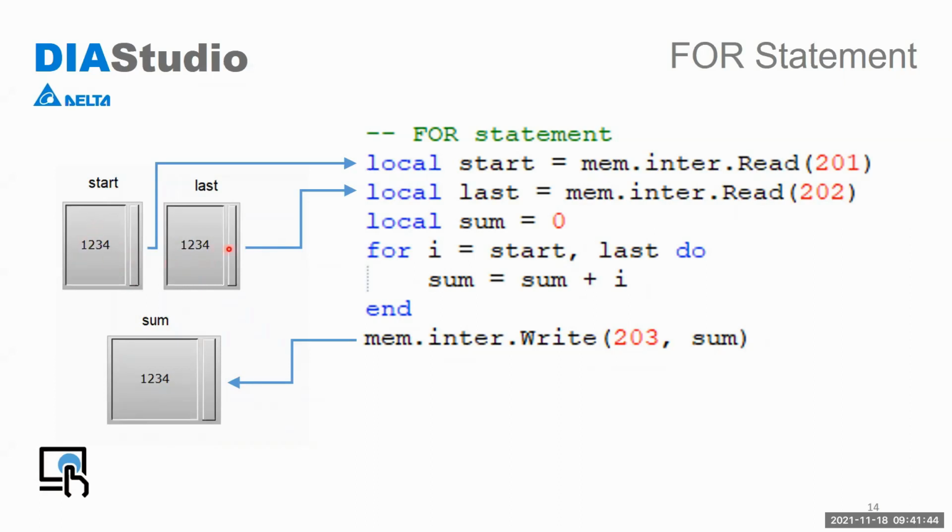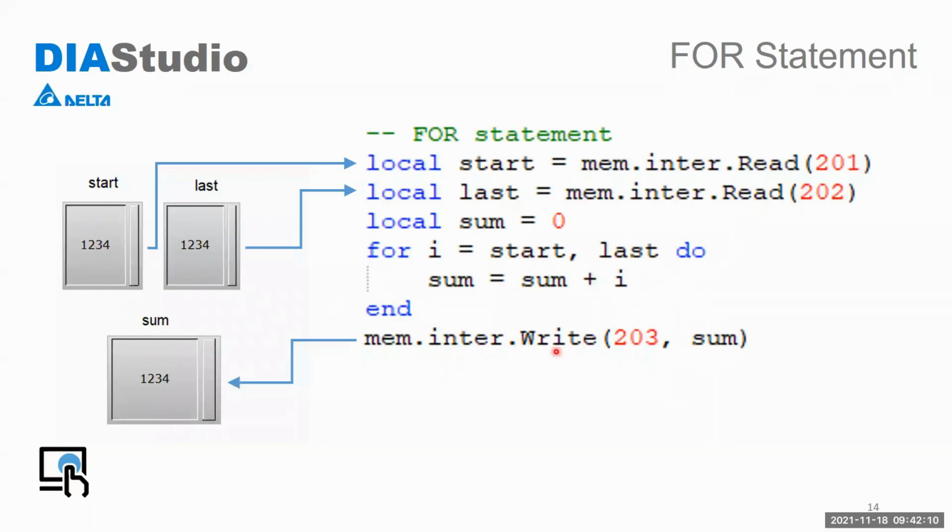For instance, if I put 4 and 6, I want to show 4 plus 5 plus 6. If I put 4 and 7, I want to see 4 plus 5 plus 6 plus 7. So this is a simple, silly example.